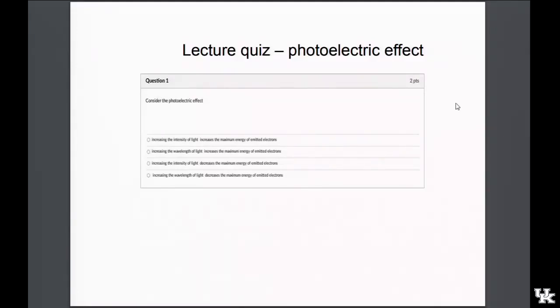And if it does depend on the intensity or the wavelength, does increasing either one increase or decrease the kinetic energy of the electron? I'll give you another minute to think about that. I am feeling a lot of pressure to get one more example in, so I won't give you much time.